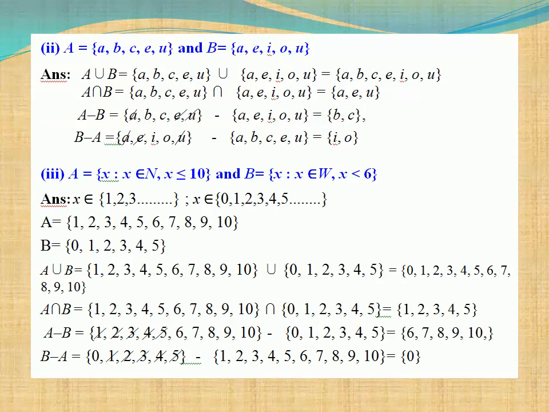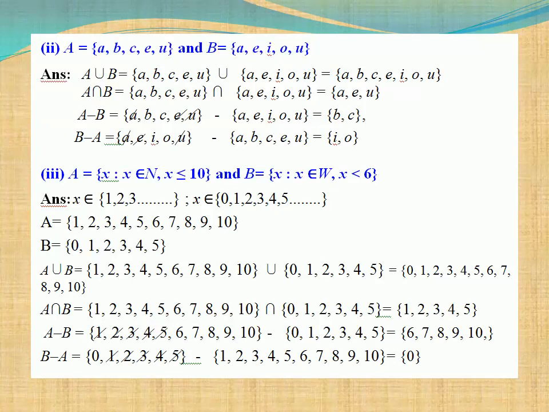Here in the set B, X belongs to the whole numbers, so 0, 1, 2, 3 and so on. So the set A is equal to what? 1, 2, 3, 4, 5, 6, 7, 8, 9, 10. Here it is less than or equal to, so we have to include the number 10 also. In the set B, 0, 1, 2, 3, 4, 5. 6 will not be included because it is less than, so up to 5 only.